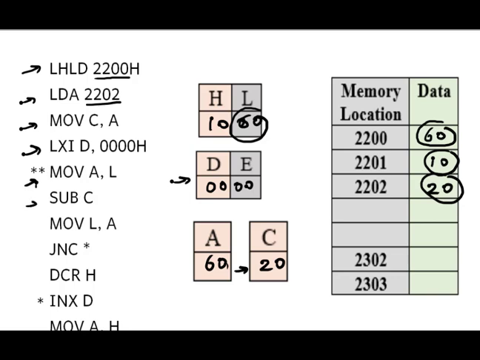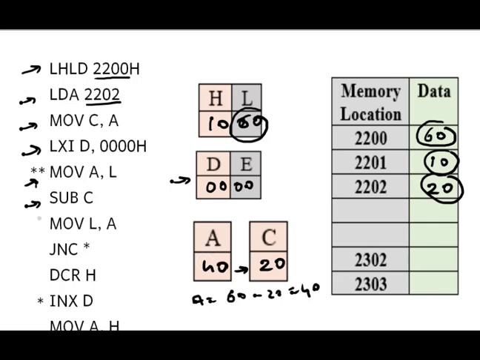Next instruction is SUB C. To perform division we need to subtract. SUB C means A equals A minus C. A is 60 and C is 20, so it becomes 40. So we get 40, which is stored in register A.